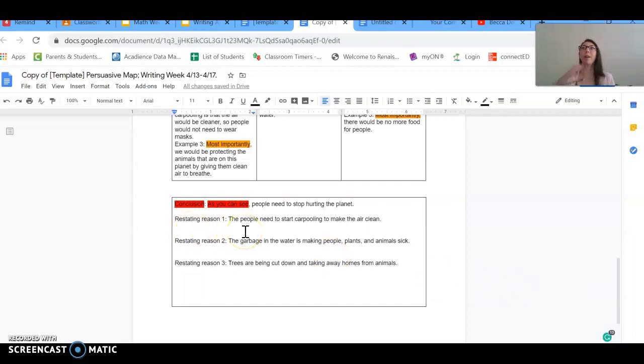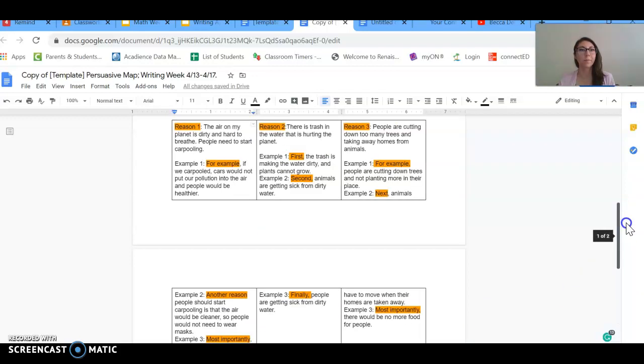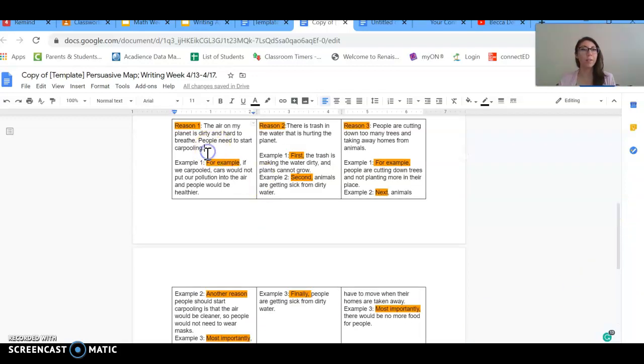So instead of rewriting the whole sentence again, I'm going to think about, okay, what was that sentence telling me? The reason 1 sentence was telling me the air on my planet is dirty and hard to breathe. People need to start carpooling.